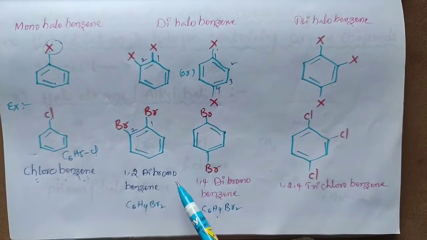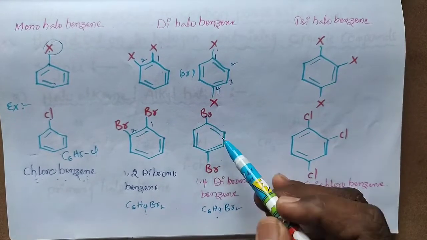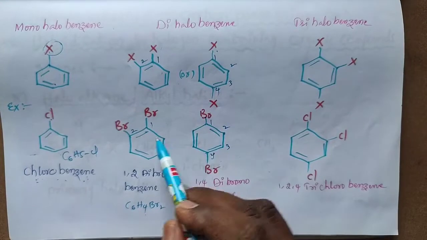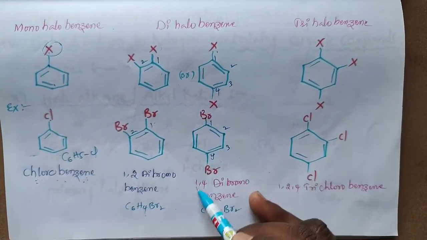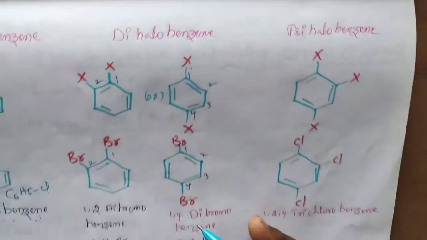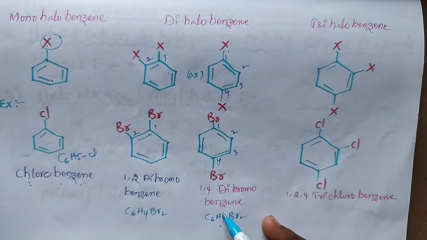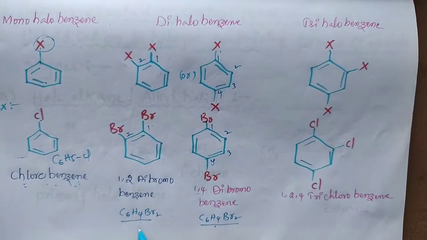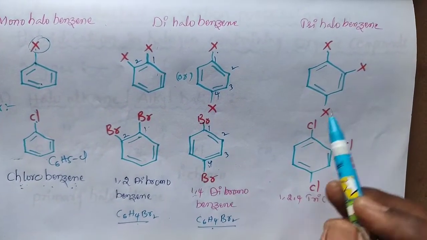This is 1,4-dibromobenzene. Both have the same molecular formula but different structural arrangements, so this is called isomerism.